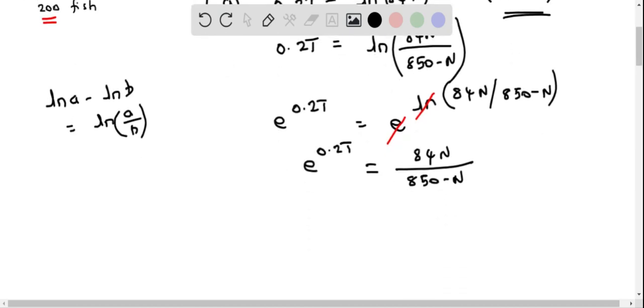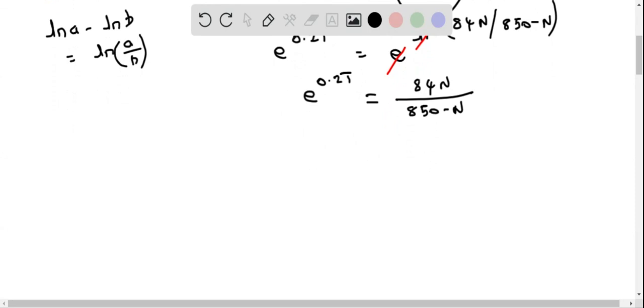Let's continue, and we have to simplify until we have only n on one side. First I'm going to multiply both sides by 850 minus n. So I get (850 − n) times e raised to the power of 0.2t equals 84n.